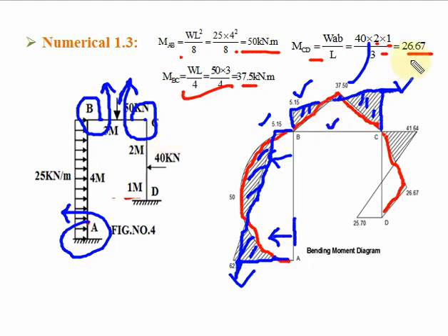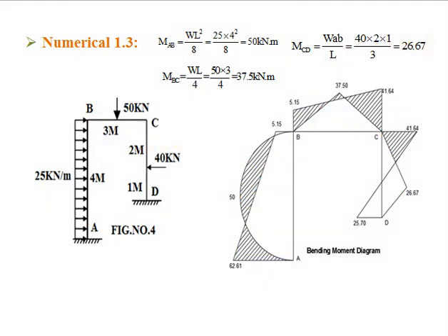Now next one is your vertical column. Now CD, the end moment for CD is anti-clockwise. So keep your pen close to C and move about C in an anti-clockwise sense. So the arrow comes after cutting the member, arrow coming to the right. So show it toward the right.